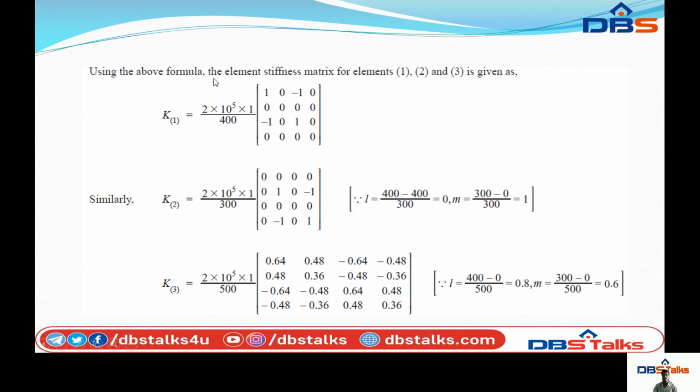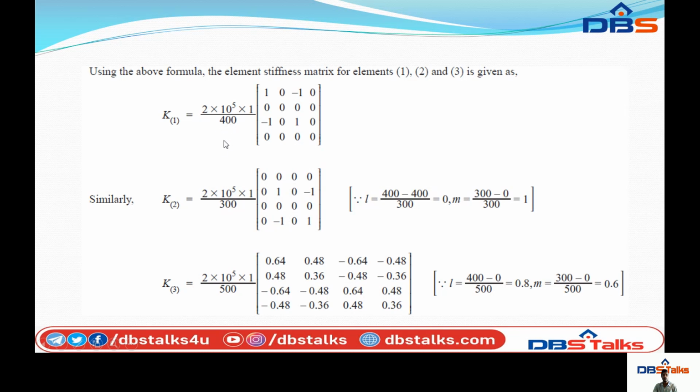Using the above formula, the element stiffness matrices for elements 1, 2 and 3 are given. For element 1, the problem doesn't give values of area and Young's modulus, so I'm assuming the area is 1 millimeter square and Young's modulus is 2 into 10 to the power of 5.